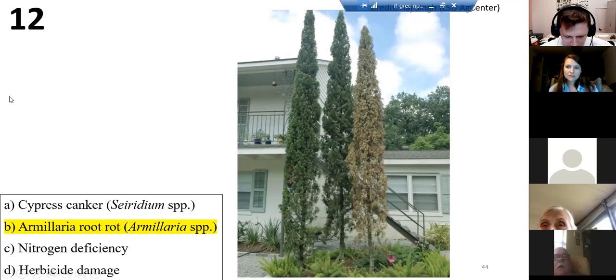Well, the big thing here is that I think what we're looking at is that the whole plant is dying, and with canker, when that occurs, you typically see it more in sections. It doesn't tend to uniformly stress out the plant. With armillaria, what is going on is the vascular tissue is being gummed up.